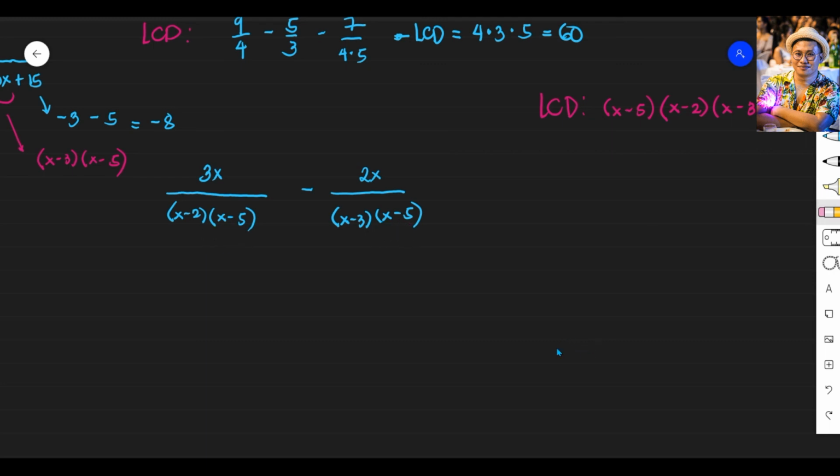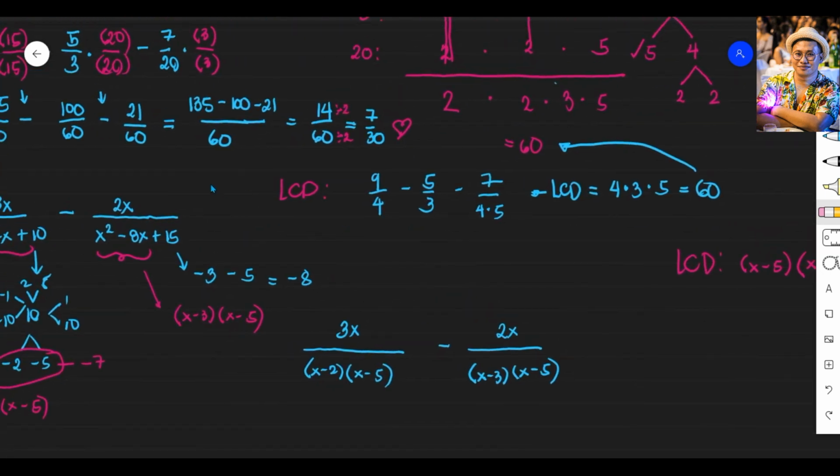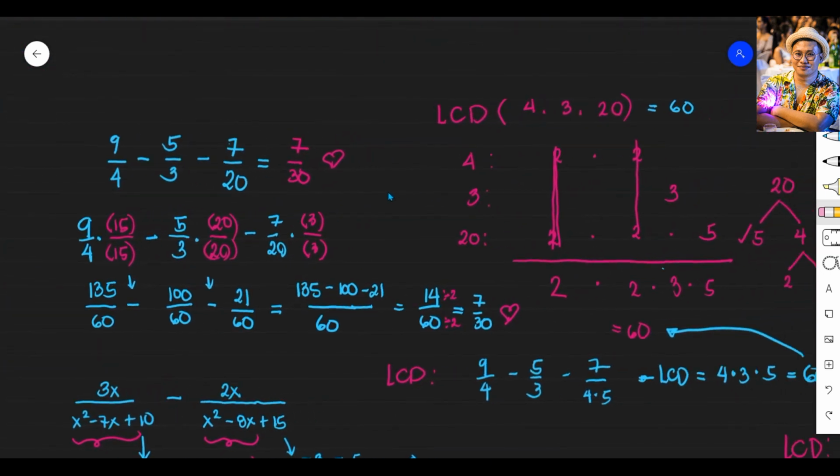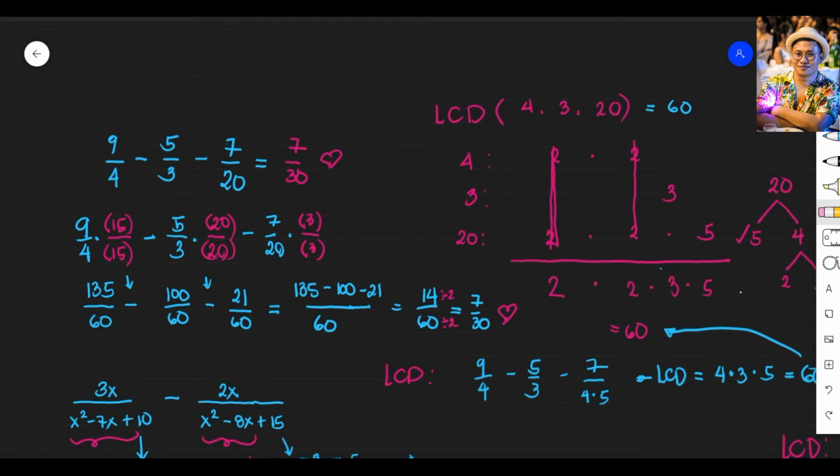After we find the LCD, we apply our process here. You see that our LCD is 60. Oh, I used the eraser, I'm sorry. You see that our LCD for the first item is 60. How did we get 15? What we did is, we divided the LCD 60 by the denominator 4, and that's what we get, 15 here.